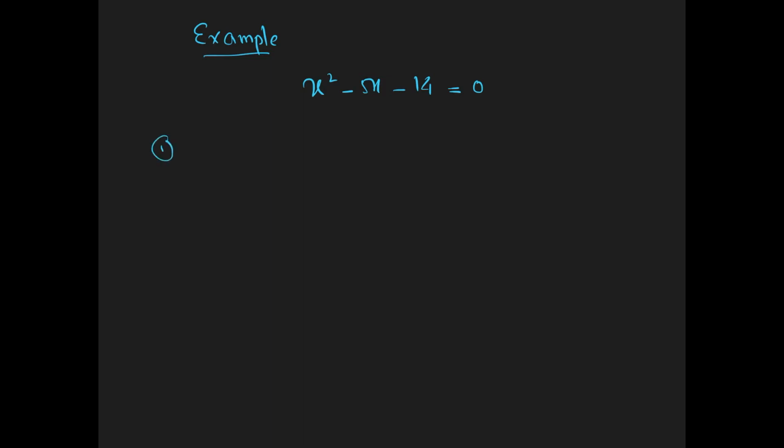The first method is solving this equation by factorization. In this method, the equation x² − 5x − 14 = 0 must be split into its factors, and in order to split the equation into its factors, we have to focus on this constant, which is −14, and we know that 14 can be written as 2 into 7.